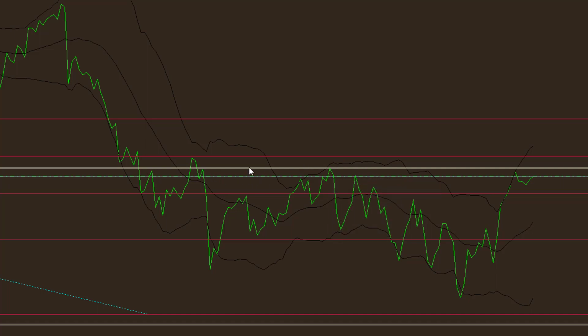So taking that into consideration, this is a great area that you can call resistance, right? Price goes up and it's resisted. It's facing resistance. It can't go any higher. So what does it do? It goes down. Okay.